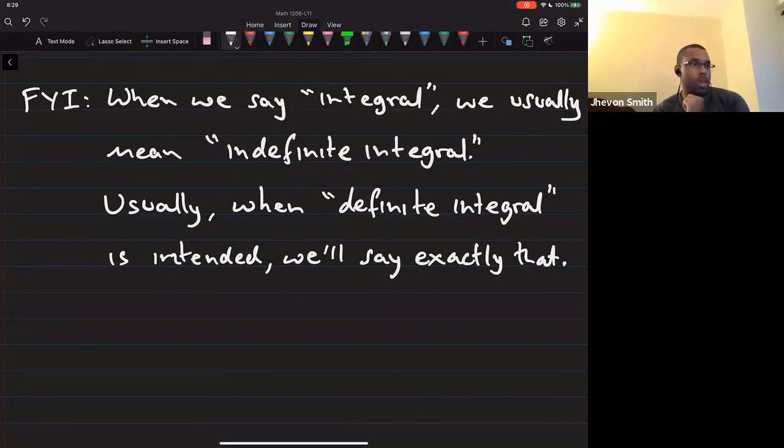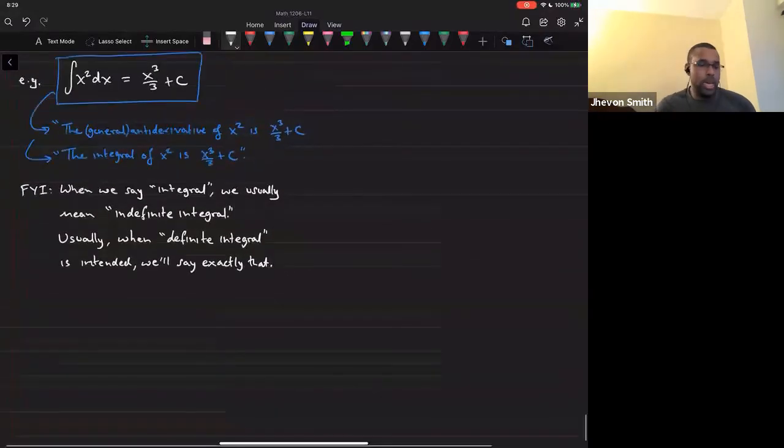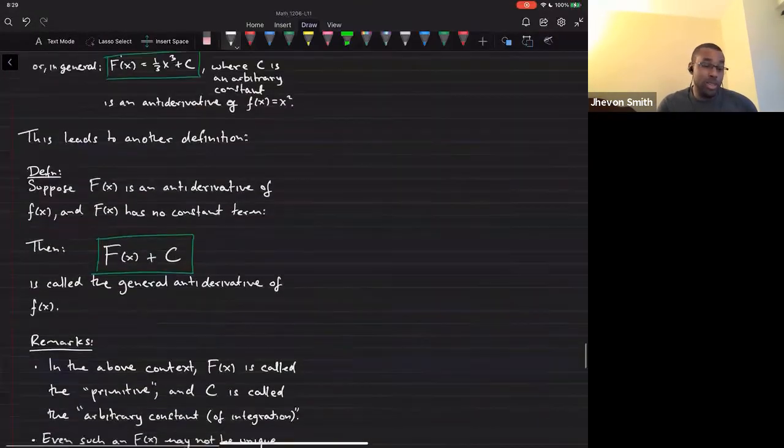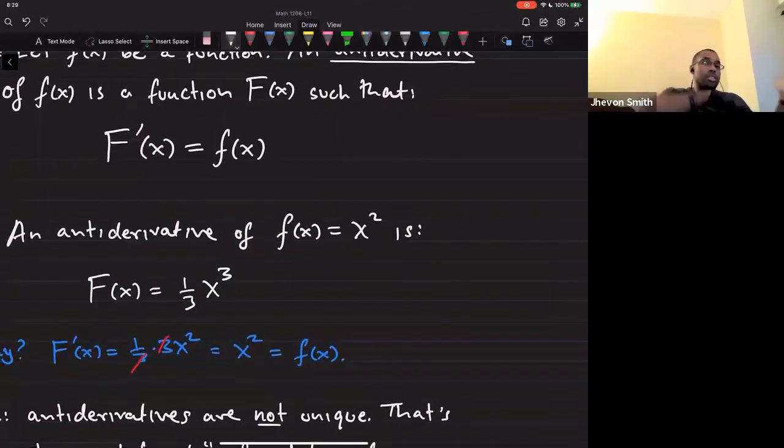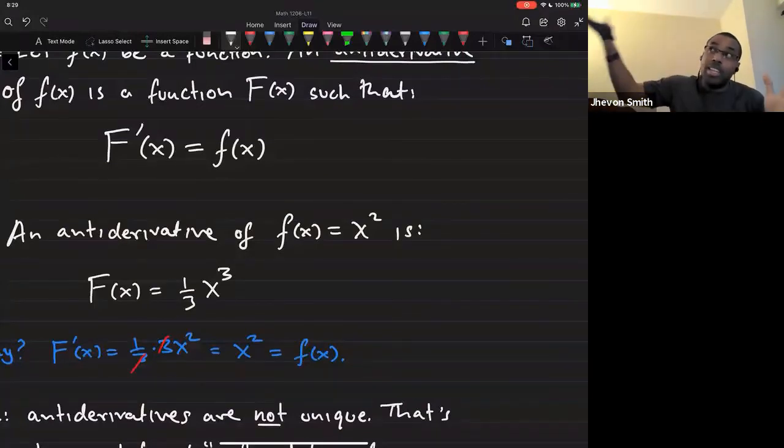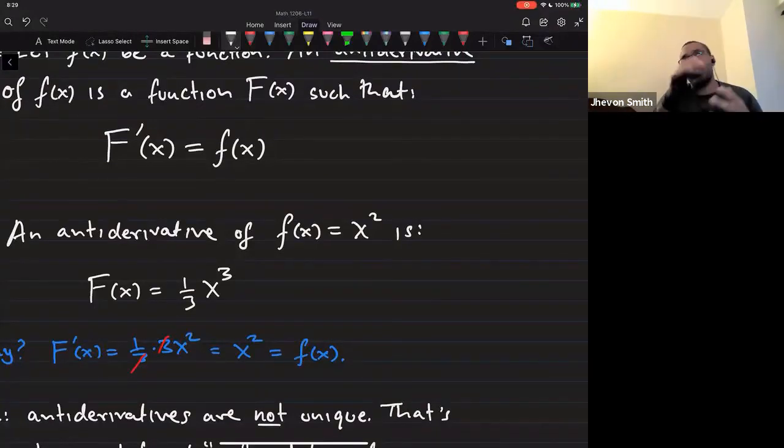But yeah, so that is the notation for antiderivative, and that is what an antiderivative is. It's just some other function that you differentiate to get this function. So if I'm searching for the antiderivative of this guy, it's almost like I'm trying to reverse the process of the derivative to find out who was the original function that I differentiated to get this guy, right? So that's the idea.